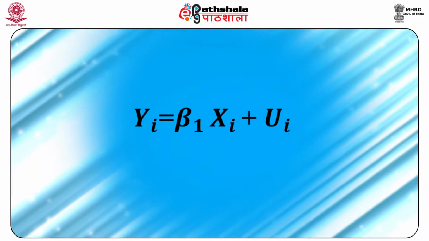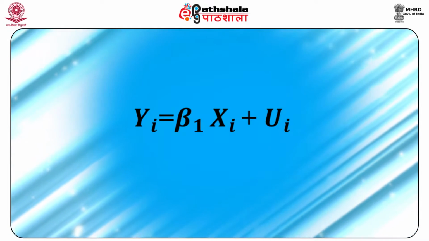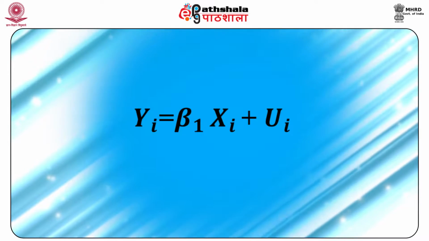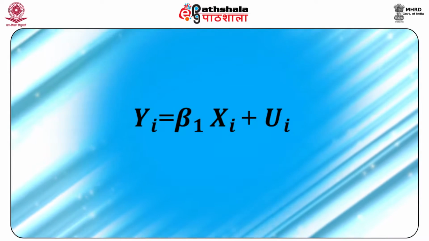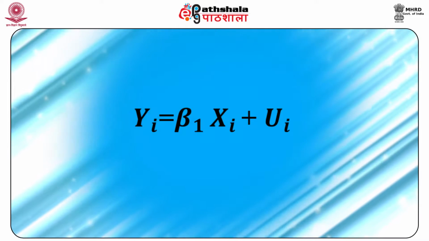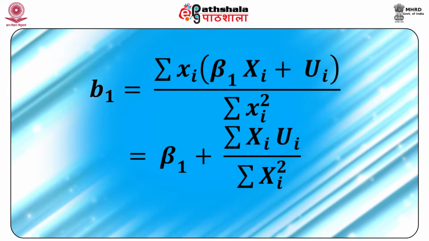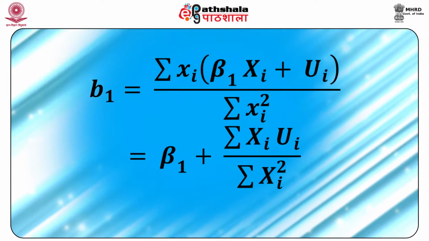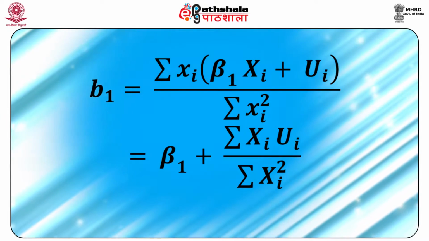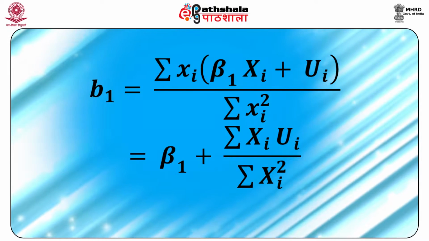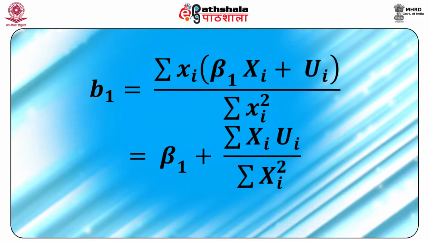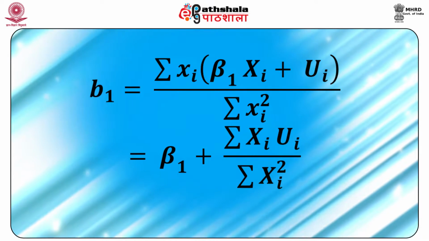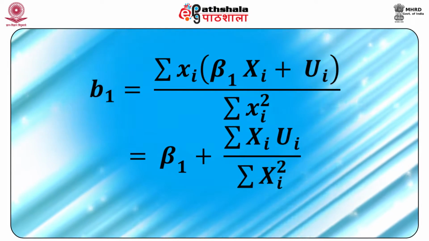Now if you substitute the population regression function, which is Yi = beta 1 Xi + mu i, into this equation, we will have b1 equal to sigma Xi into (beta 1 Xi + mu i) upon sigma Xi square, which gives us beta 1 plus sigma Xi mu i upon sigma Xi square.